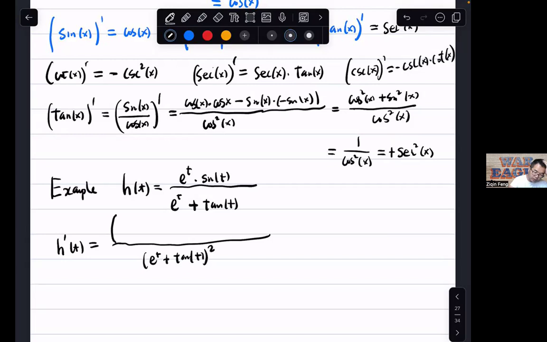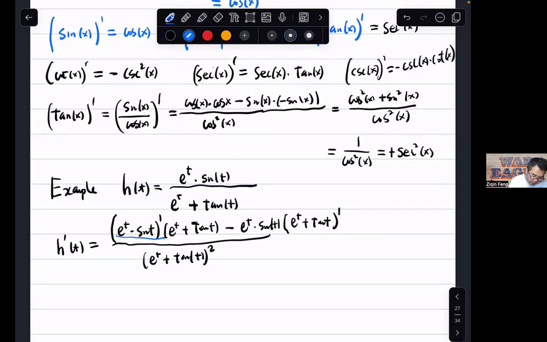Now the derivative of the numerator, which is e to t times sine of t, prime, times the denominator, which is e to t plus tangent of t, then minus e to t times sine of t times the derivative of e to t plus tangent of t. For the first term, we need to use the product rule.